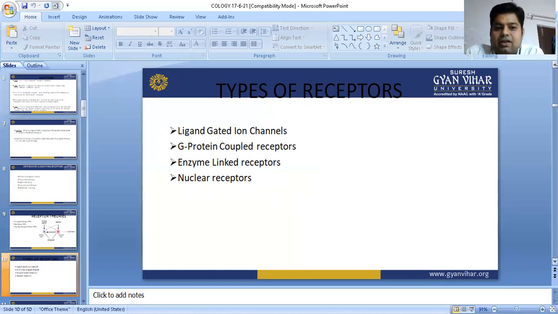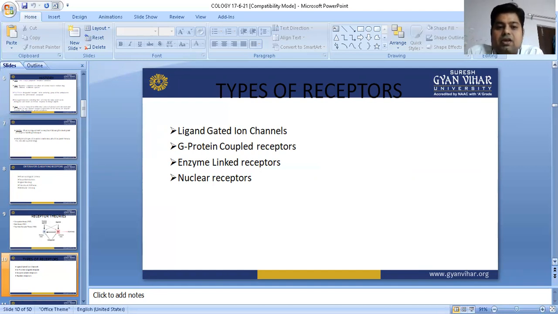In the second case, G protein coupled receptor, it is a broad family of receptors. What happens when the drug binds with the receptor? It takes some time for a therapeutic response, within a few seconds to half an hour, for the receptor to activate and produce a response. And the next one is enzyme linked receptors.